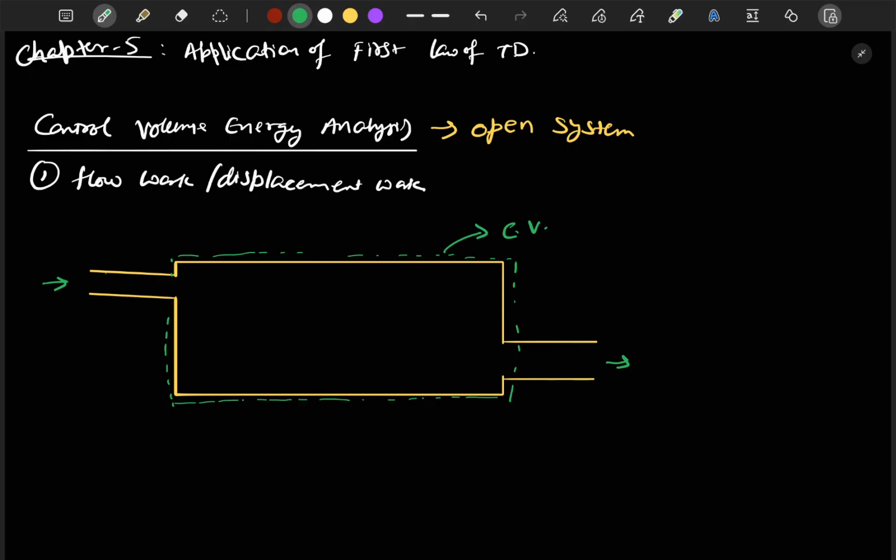Here let's say a fluid element, or liquid element, whatever it is, enters the system. Let's say this fluid element enters the system, and after a certain time, after the motion, it exits the system here.